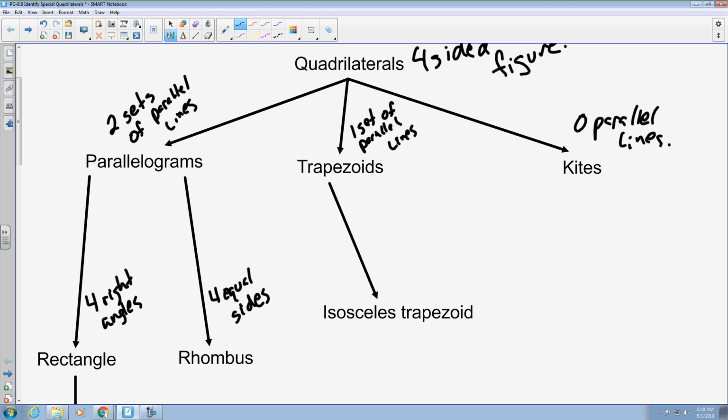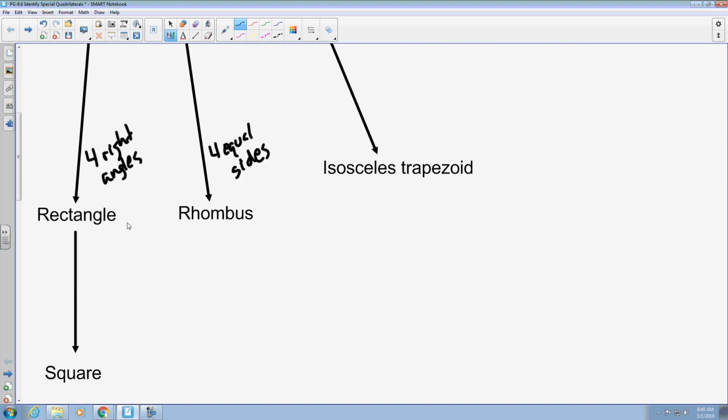And if we think it's more specific than a rectangle, if we think it's a square, it has four right angles and four equal sides. So it has all of those different characteristics.